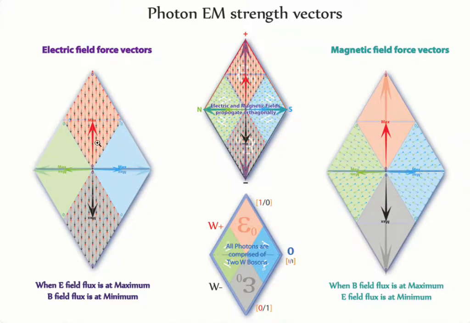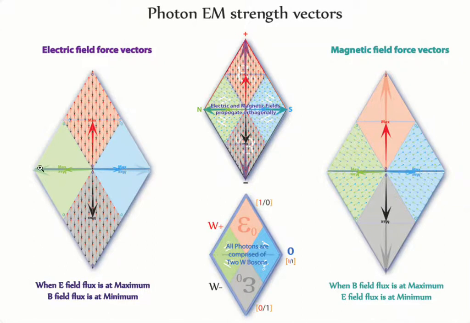We can use Tetryonics to show us the energy momenta for the electric and the magnetic force vectors within all photons, and again, because they have the same geometry, within all EM fields. And you'll note as we progress through, we start off at a positive field, building to a maximum. As the positive E field degrades, the magnetic dipole increases in line with it till it reaches a maximum.